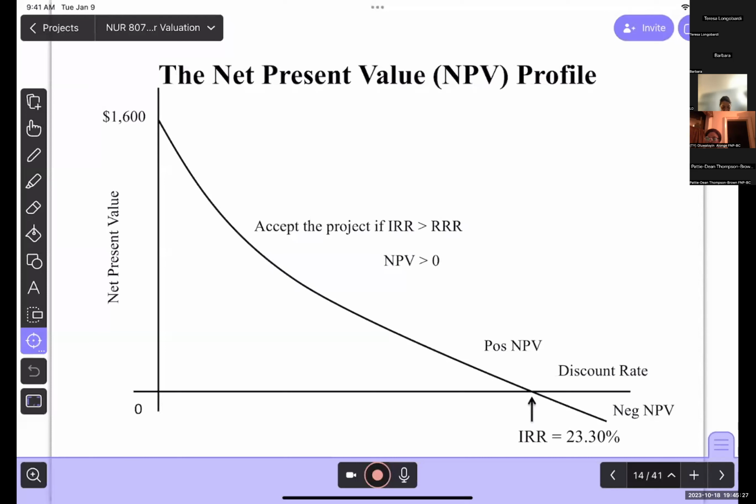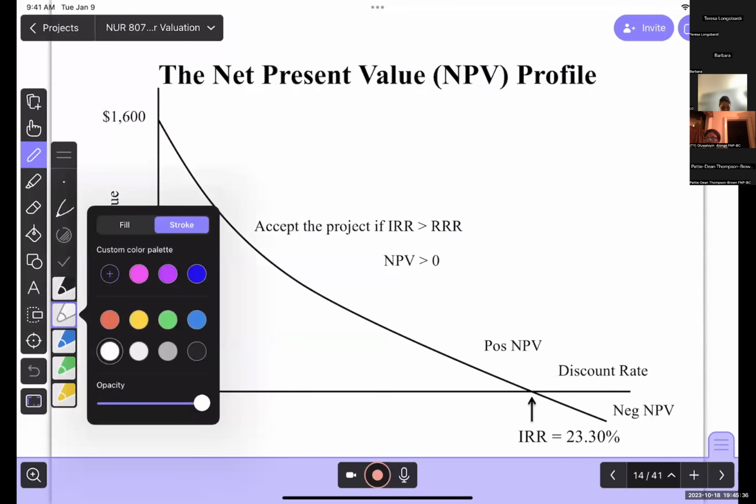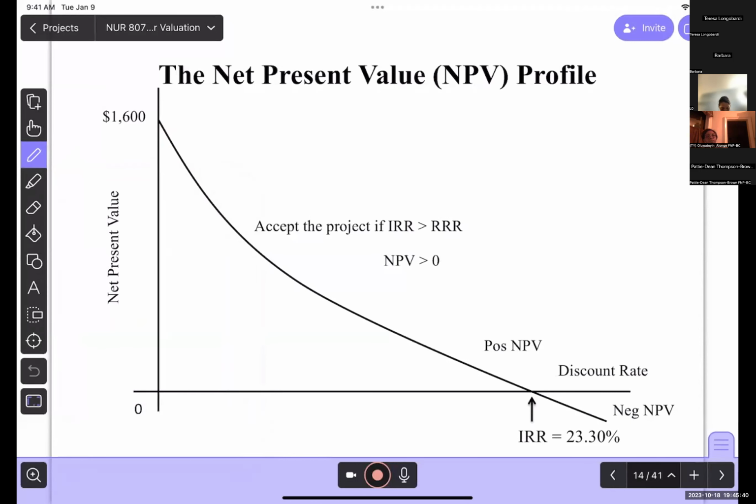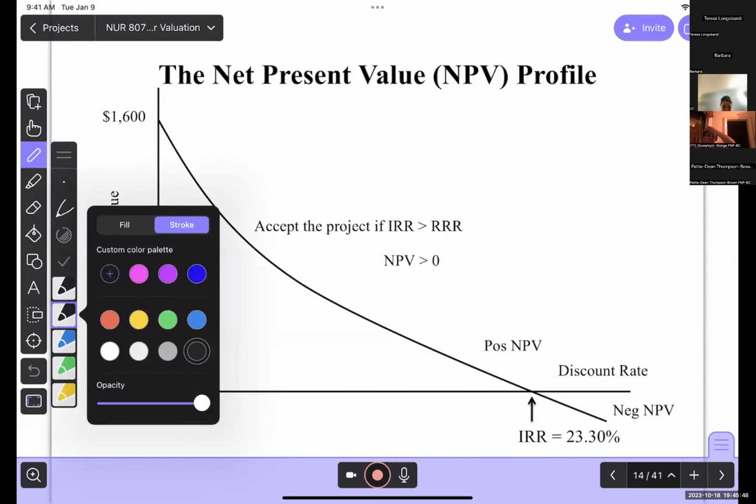What we did was calculate the NPV for different values of the discount rate. So this is the NPV when the discount rate is 0.